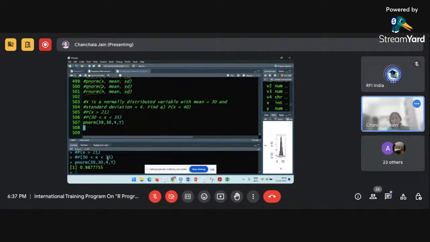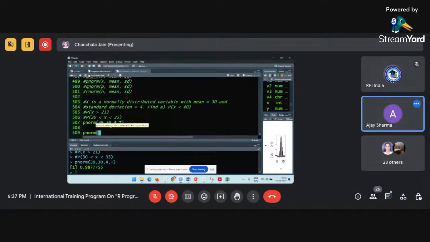Now talking about the second finding, the probability of x when it is greater than 21. This would be pnorm 21, 30, 4, false.